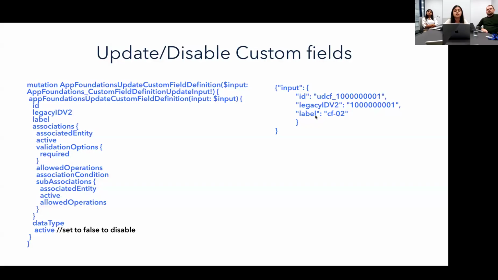In case I'm updating the label, I would pass the updated value for the label and send that as an input. Suppose you want to disable a custom field using the APIs, then you would use the same mutation, where you change the active attribute to false, make the GraphQL call, and then you would be able to disable the custom field.